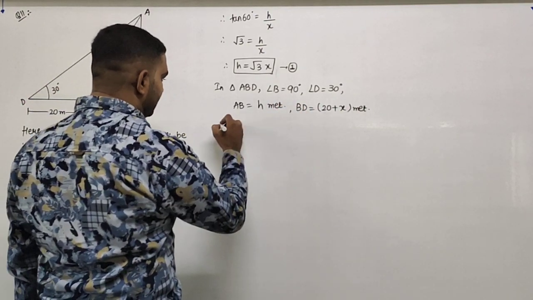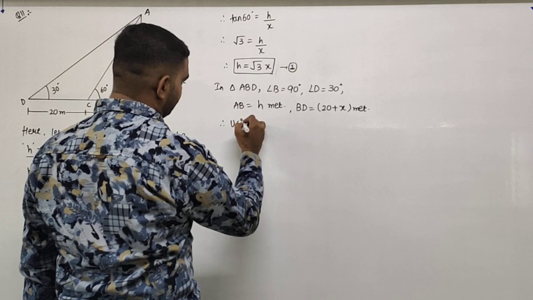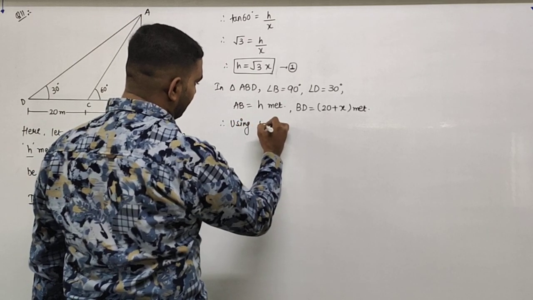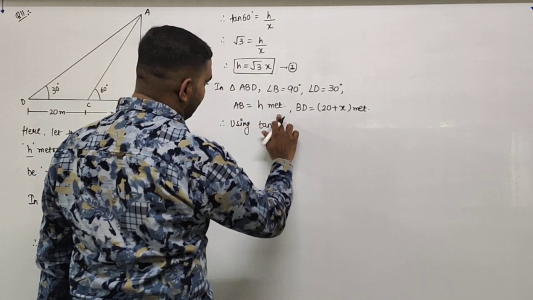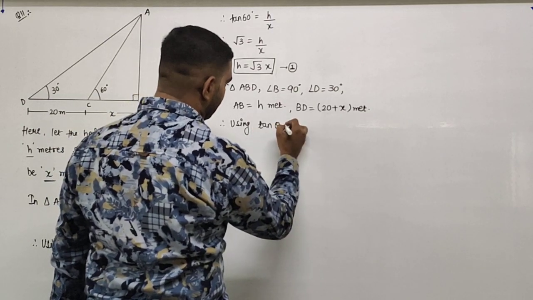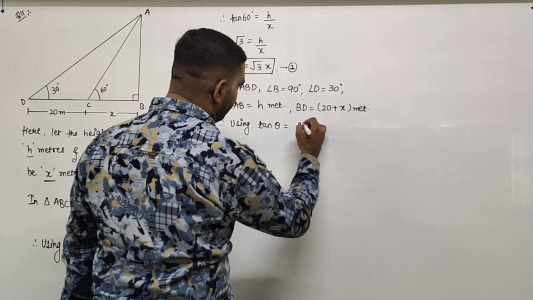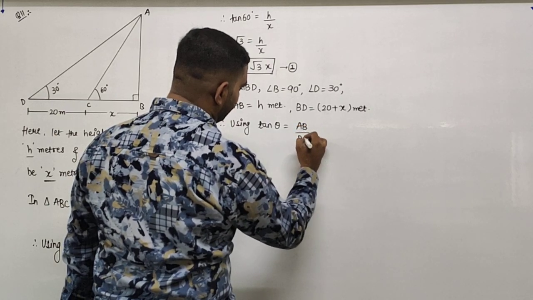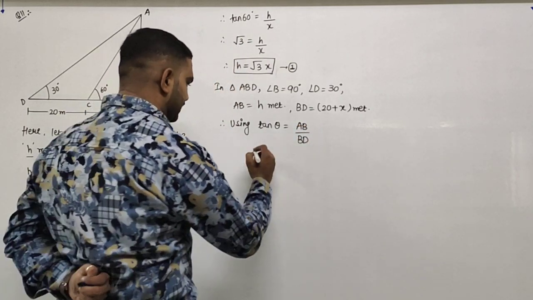So we can use, therefore, tan theta is equal to opposite AB upon adjacent BD.